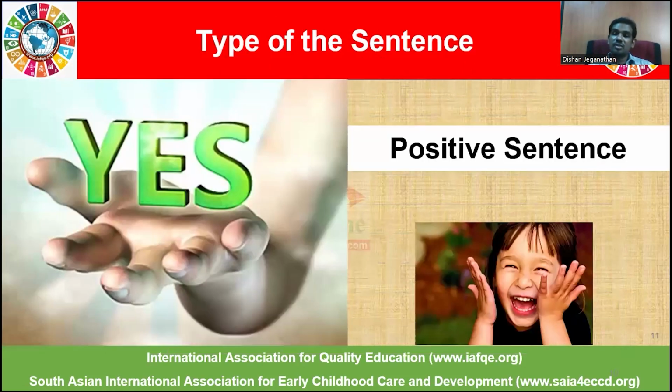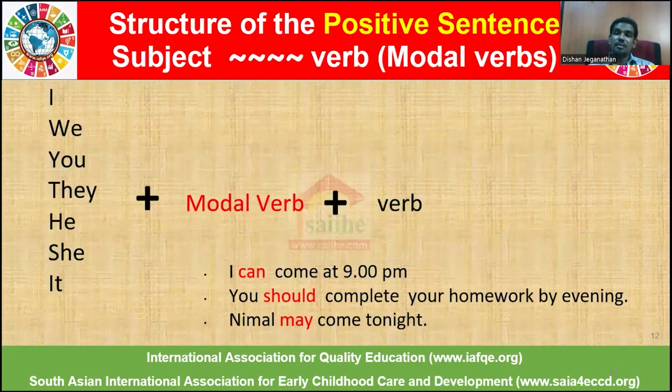Let's look at the structure of the positive sentence. The positive sentence goes by subject plus the modal verb followed by the main verb. So the two verbs are the modal verb and the main verb, and usually the modal verb comes before the main verb.